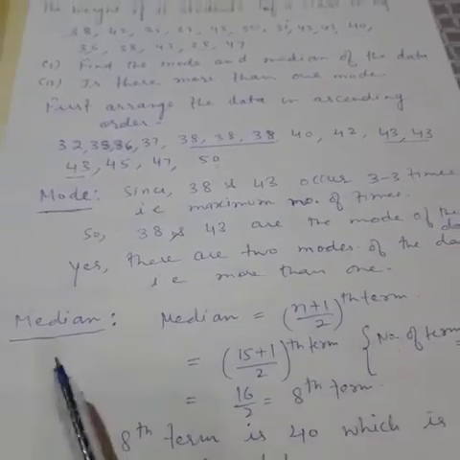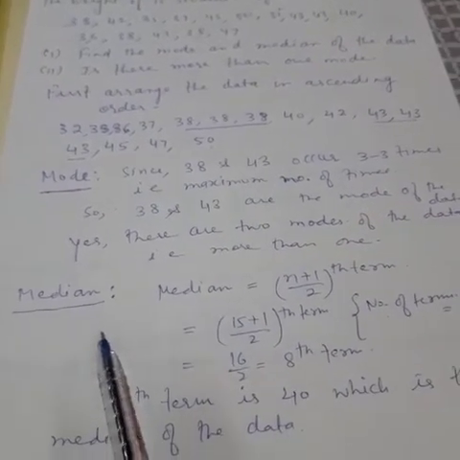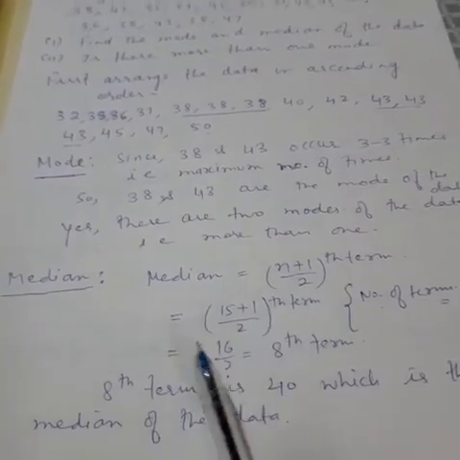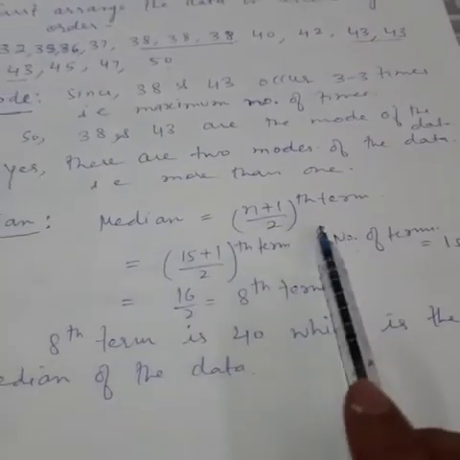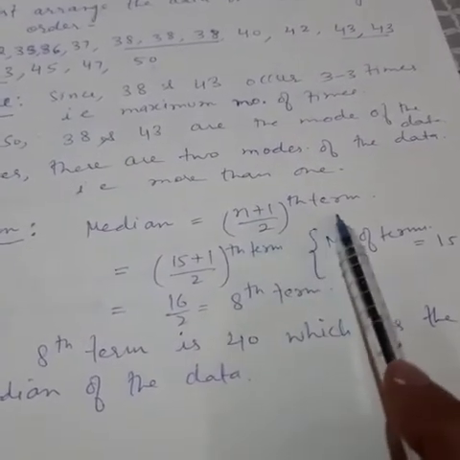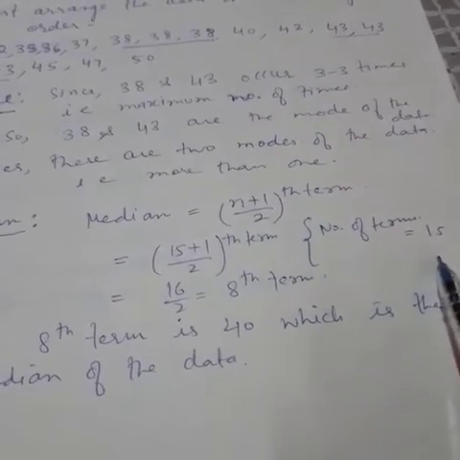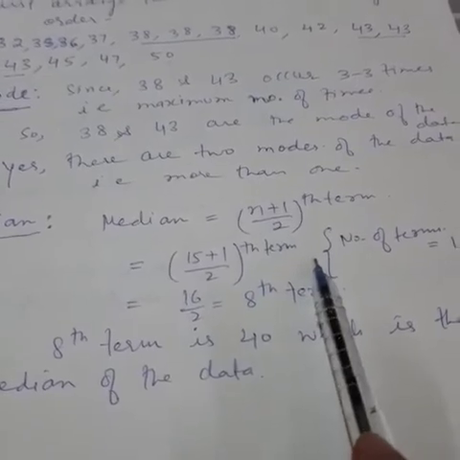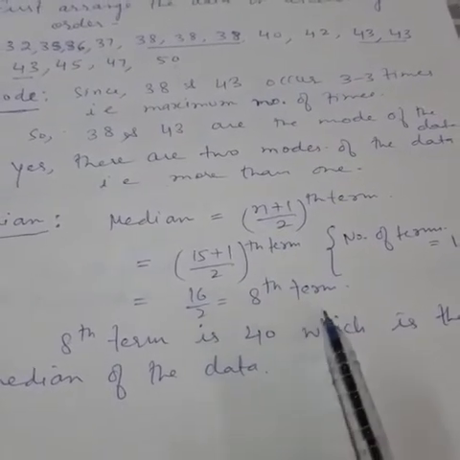Okay, now let's find the median. Same formula. Since the number of observations is 15, the same formula applies: (n plus 1) upon 2th term. What is n? The number of observations. So 15 plus 1 upon 2th term, that is 16 upon 2, the 8th term.